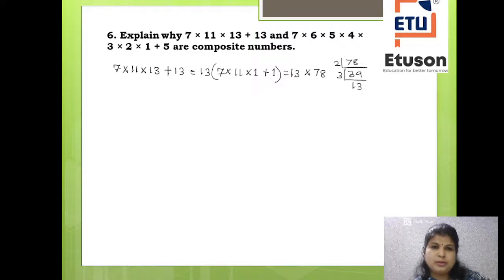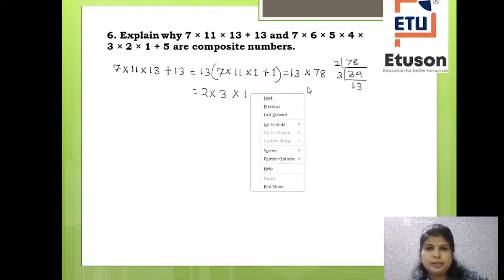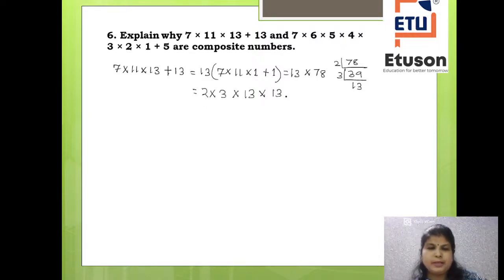So this is nothing but the product of all your prime numbers. So what I can write is 2 into 3 into 13, and 13 we can write twice: 13 into 13. So this is 78 and this is 13. This expression is nothing but a product of all prime numbers.